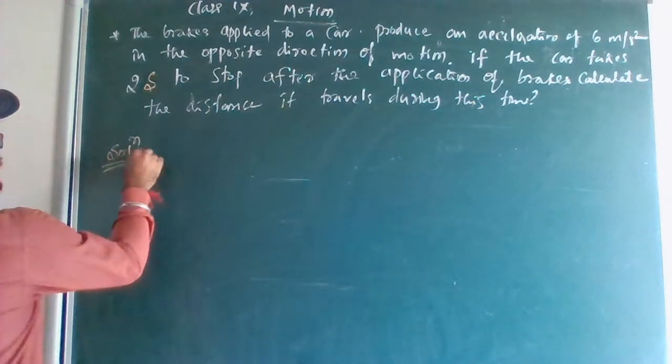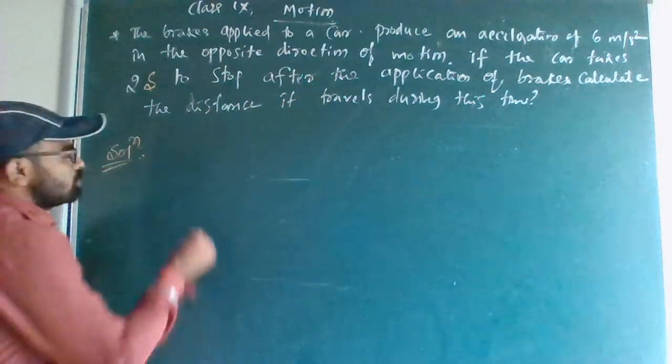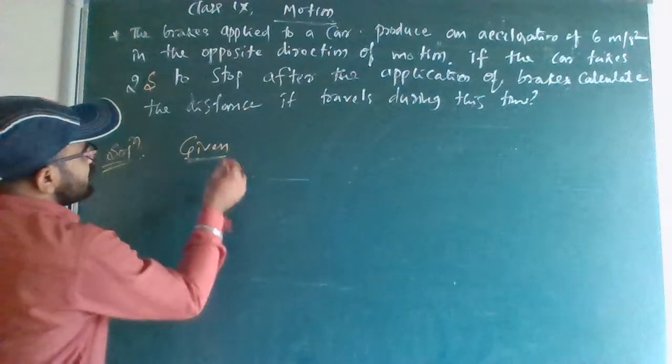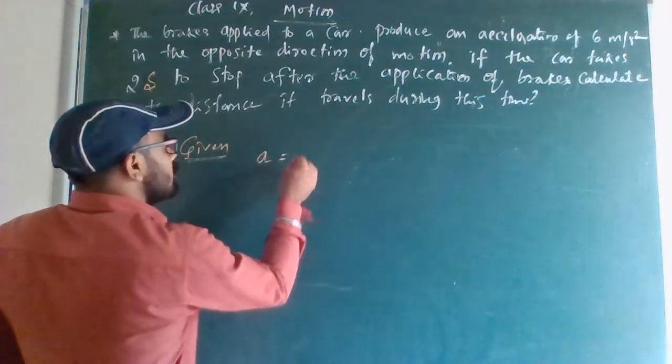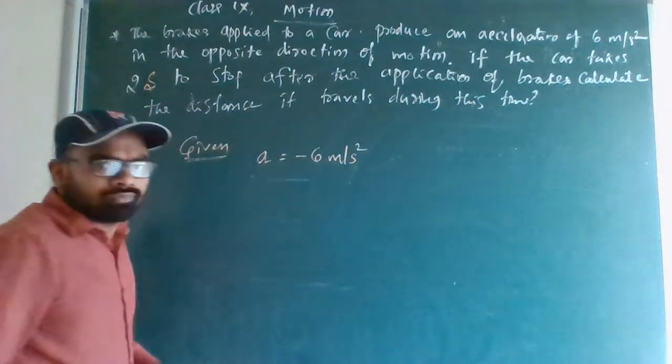See, for the solution, first, the brakes applied to a car produce an acceleration. So what you have to write here under given: acceleration is minus 6 meters per second square.